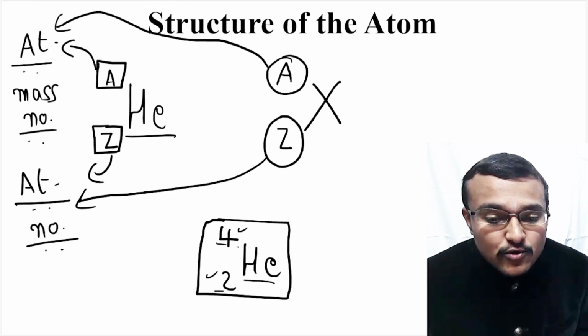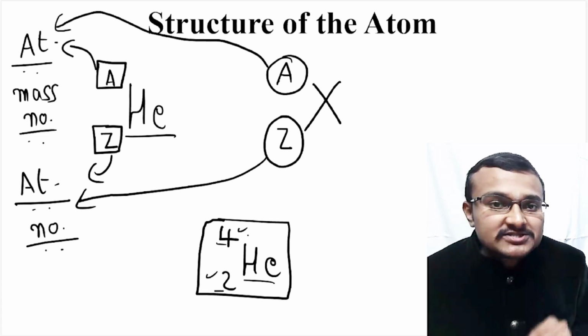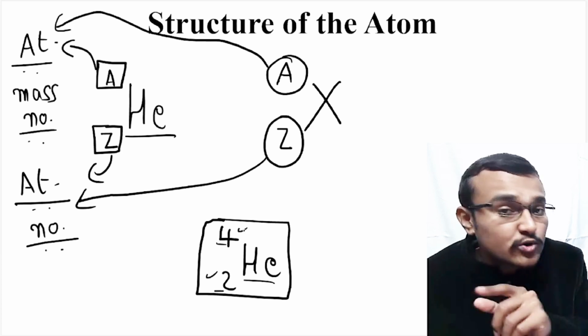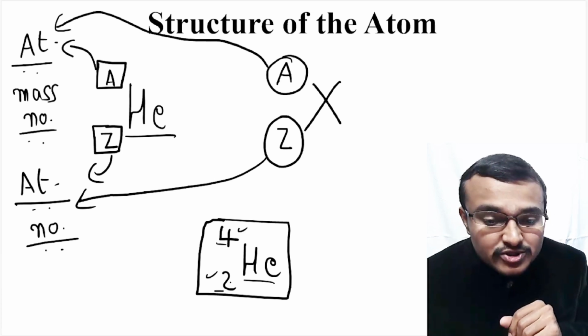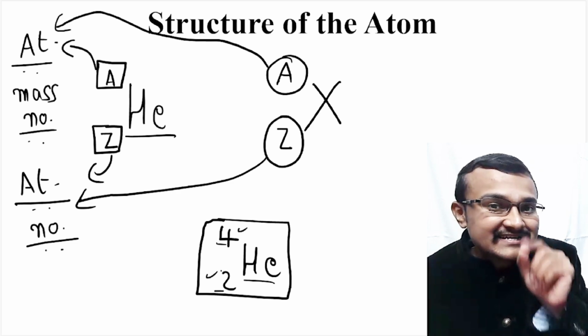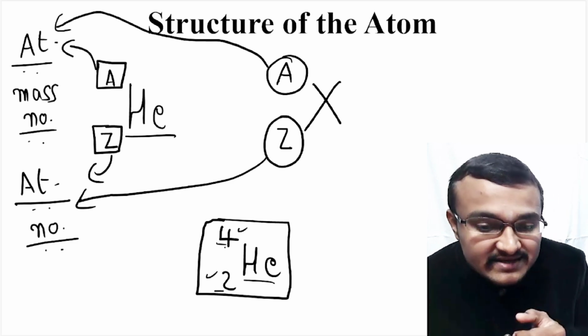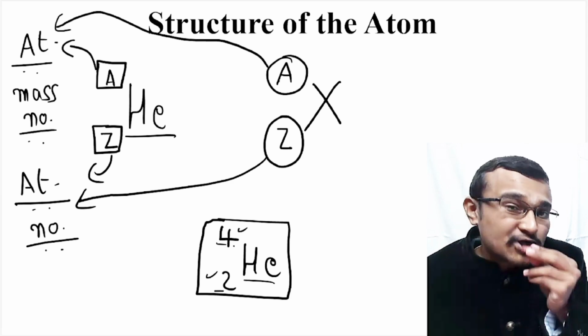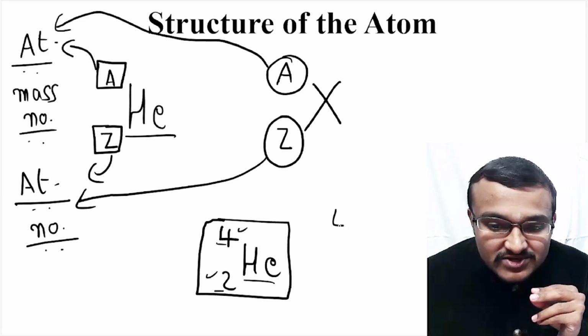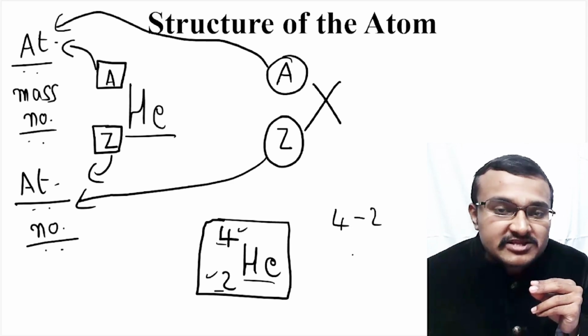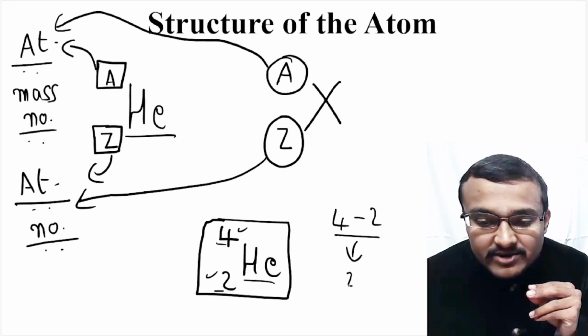Now by looking at these numbers, you can determine how many electrons and protons there are in the helium atom. Here 2 is there, so that indicates 2 electrons and 2 protons, and here 4 is there. Since the atomic number is 2, you can subtract 2 from 4 and the remaining number will be 2.